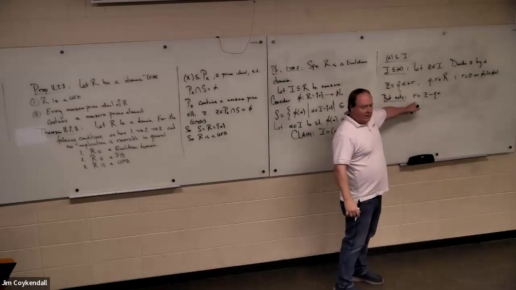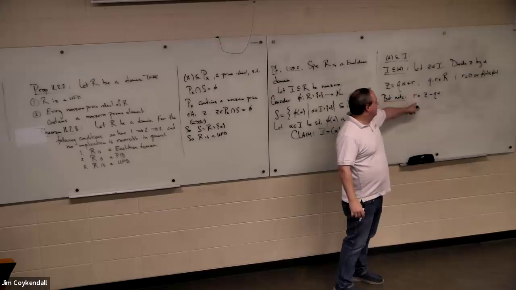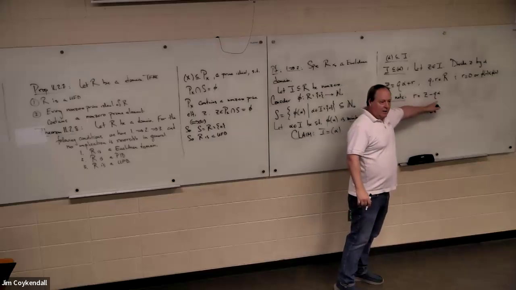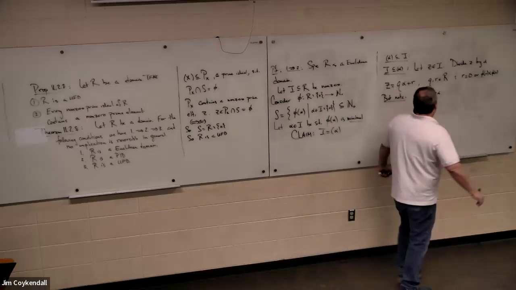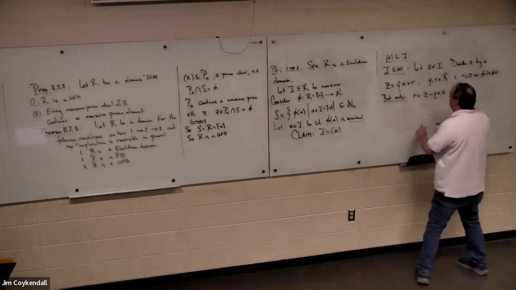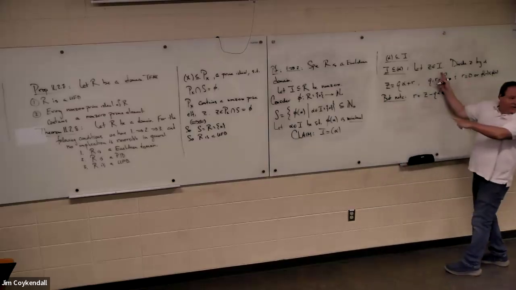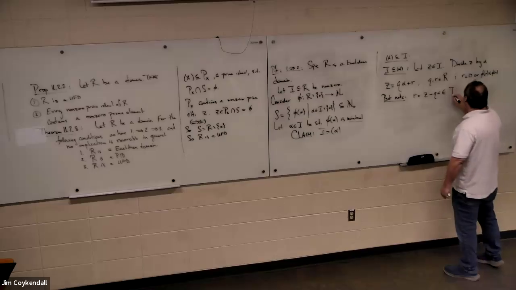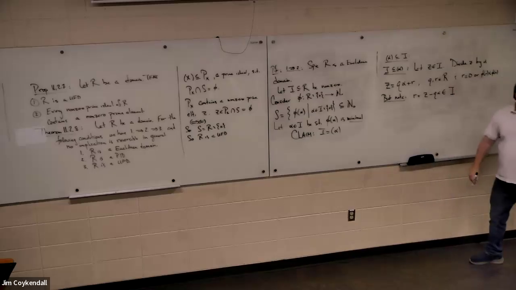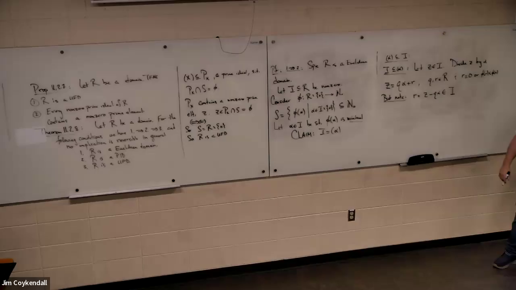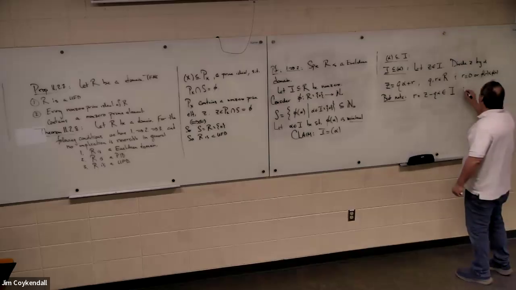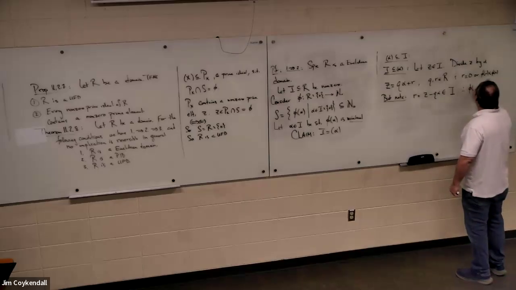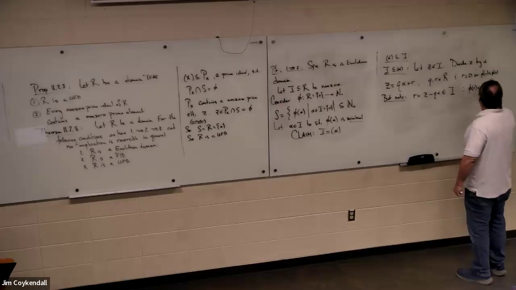Rearrange this equation, I get that the remainder r here is z minus qα. I don't know much, but I know that z is in I because I said so. And I know that this junk is in I because α is in I. So this is in I. Everybody agree with that?